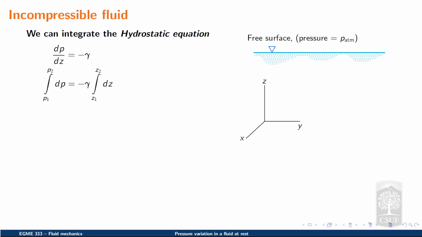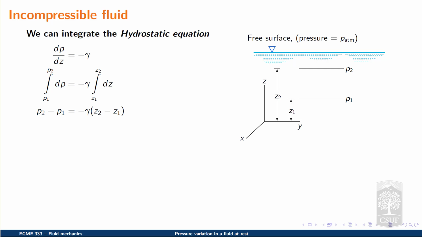So to visualize z1, z2, and the corresponding p1 and p2, we can say that z1 would be some vertical position z sub 1 with its corresponding pressure p sub 1, and z sub 2 would be some position with its corresponding pressure p sub 2.